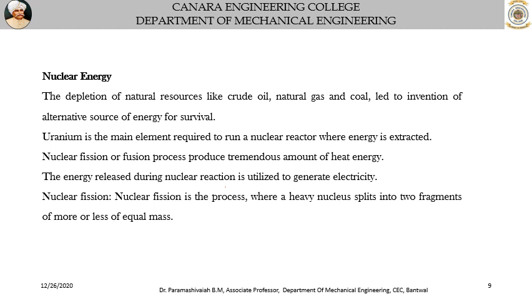Nuclear fission is a process where a heavy nucleus splits into two fragments of more or less equal mass. The term fission itself says dividing into two. The uranium heavy nucleus divides into two almost equal fragments. So that is the nuclear fission reaction.